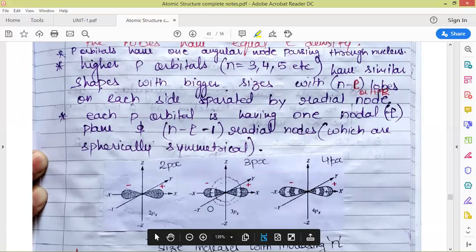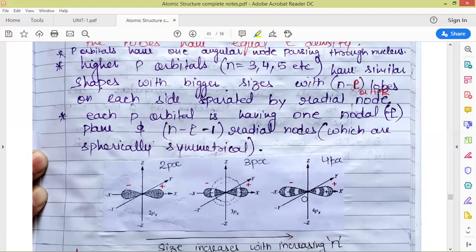So for the 2px orbital there will be no radial node, and for the 3px orbital the radial node will be present like a spherical shell around the nucleus, cutting each lobe from in between. Also, for the 4px orbital, such spherical shells will be present, showing the region of zero probability in both lobes.